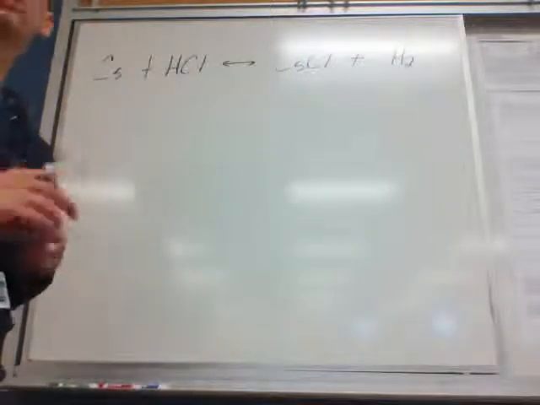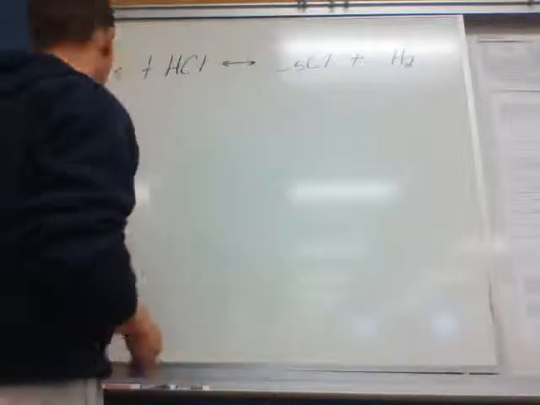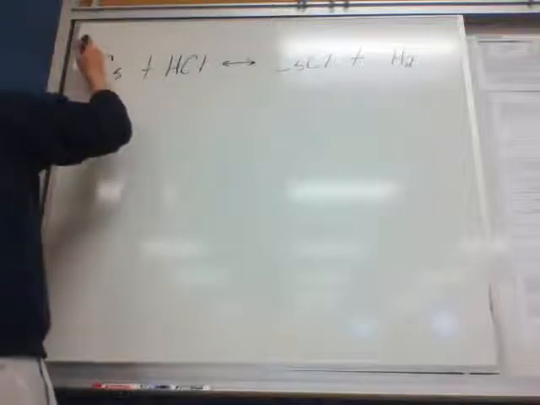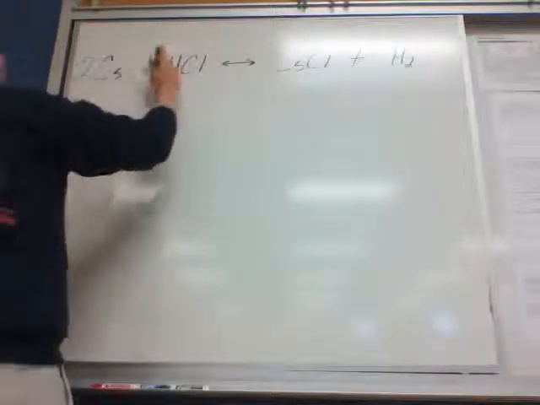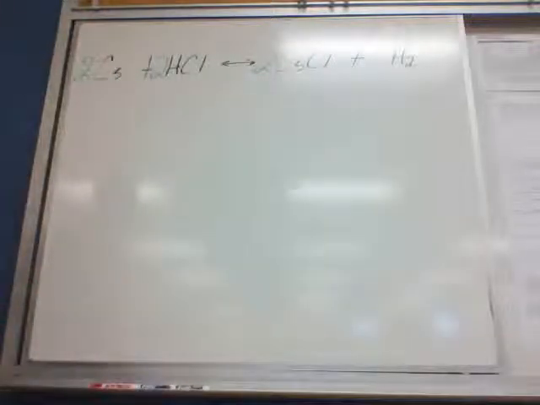I'll balance it for you, but you should be making your lists and such. We need a 2 almost everywhere. 2 to 2 to 2 to 1 mole ratio. And now we're balanced.